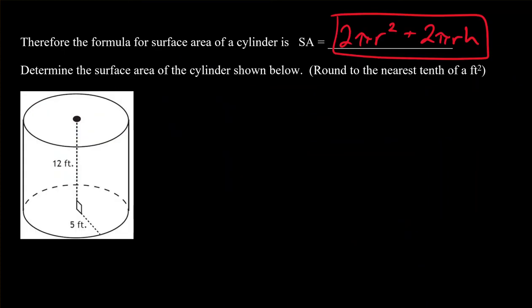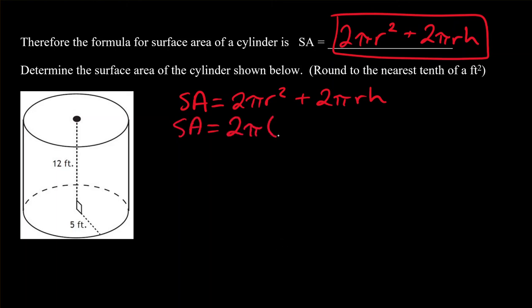So we'll try out an example. We want to do the surface area of this cylinder. And so, okay, the surface area of a cylinder is 2 pi r squared plus 2 pi r h. No problem.